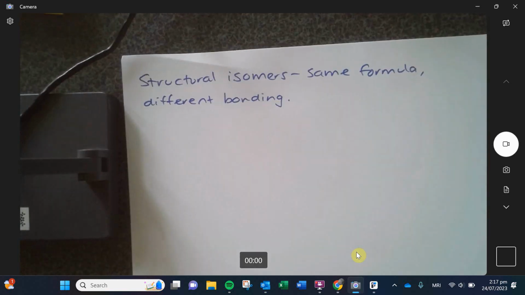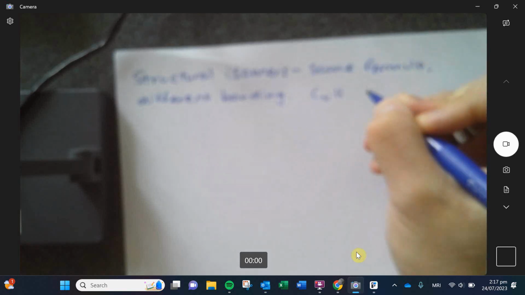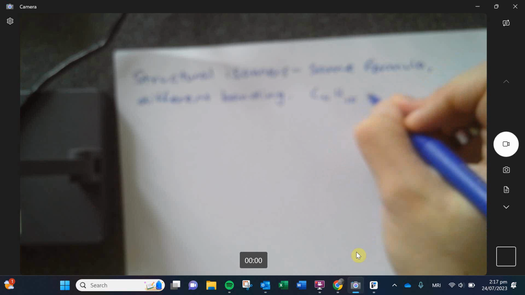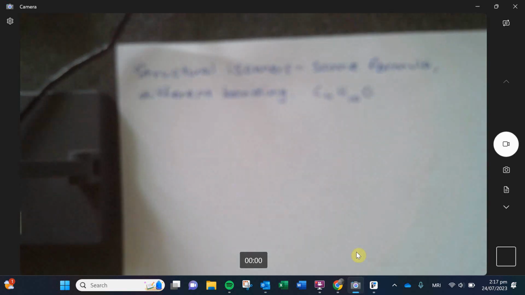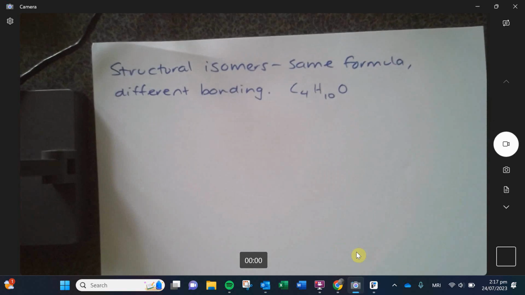So, for example, if I was to choose C4H10, this is an example of a formula.